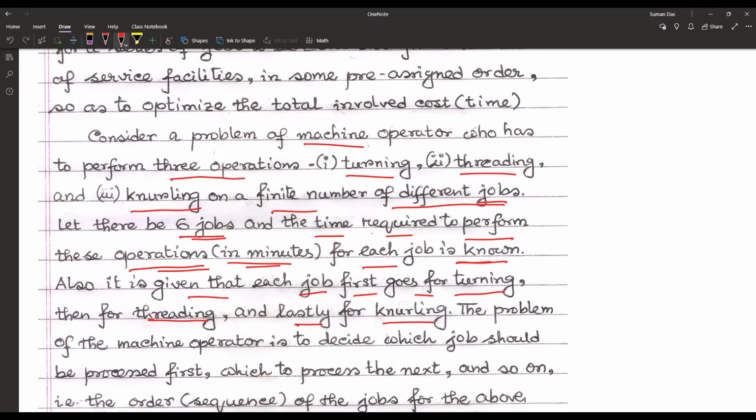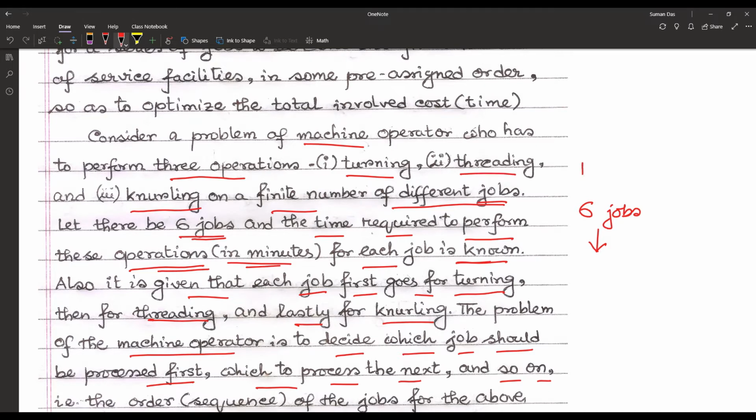The problem of the machine operator is to decide which job should be processed first, which next, and so on. So the operator has to find a sequence for the 6 jobs.